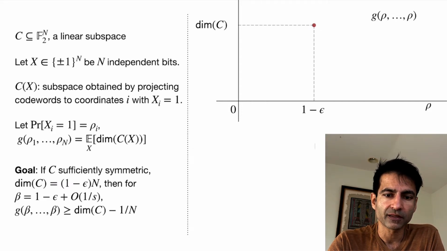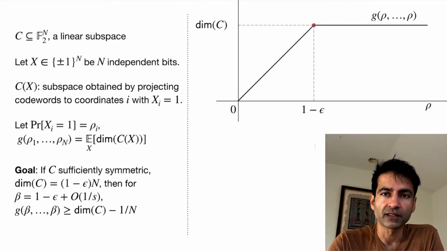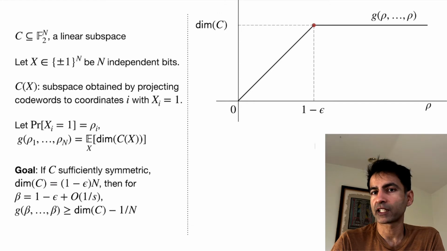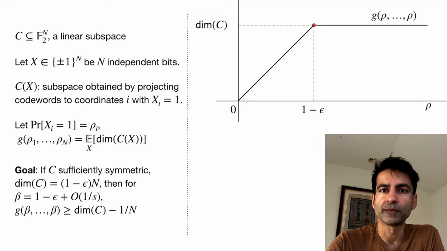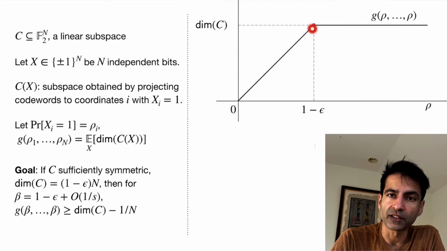But if you think about what this means, the entire plot for g must then look like this, right? Because for higher values of rho, g cannot get any larger. It cannot get larger than the dimension of the code. So the value at higher values has to be about the same, has to be the dimension of the code.